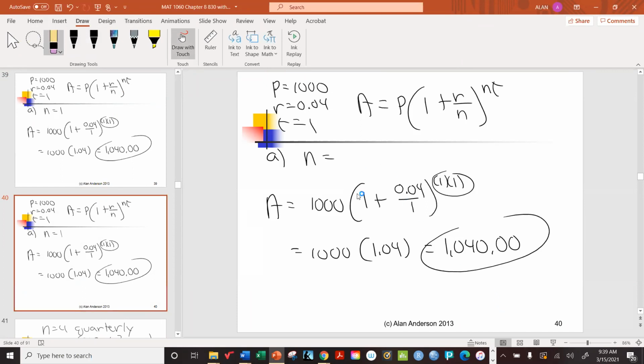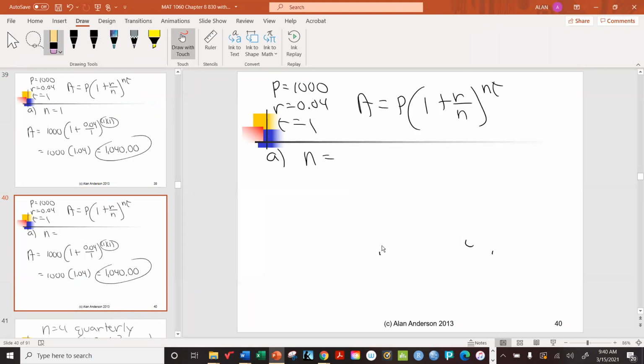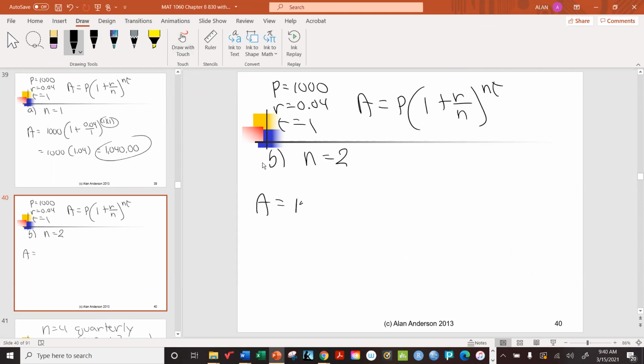So now n equals 2, Part B. What happens? 1,000 times 1 plus 0.04 over 2, and we have then an exponent 2 times 1.